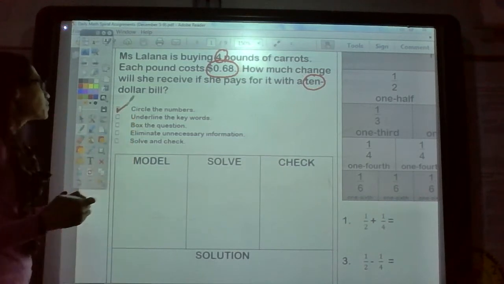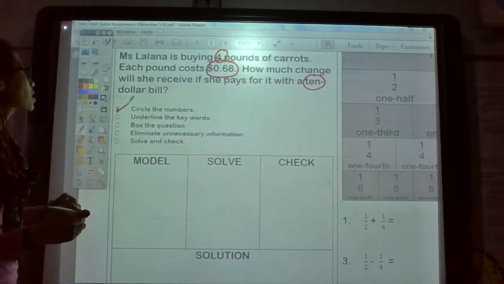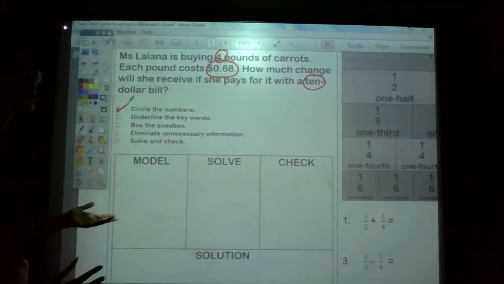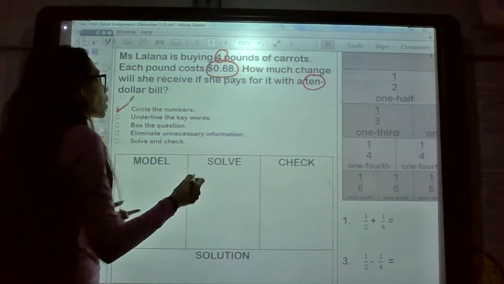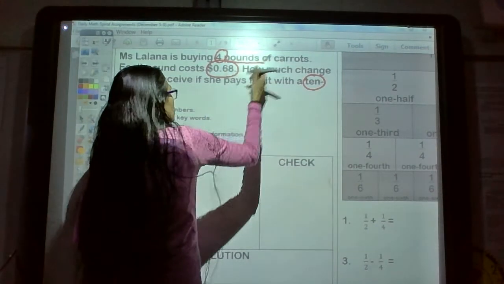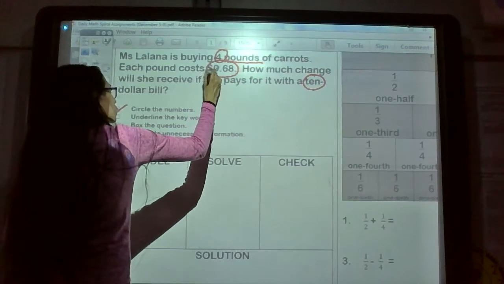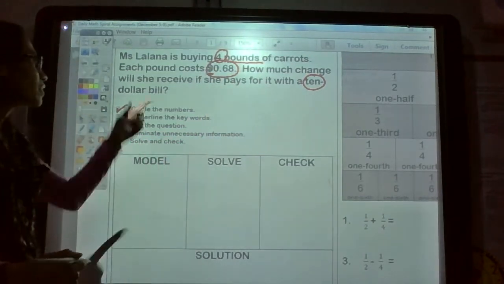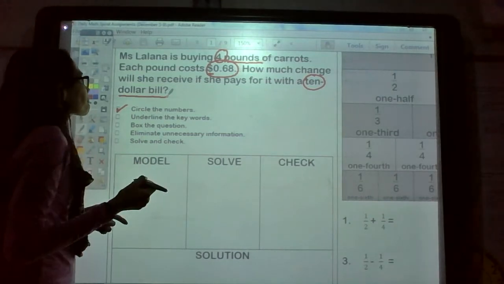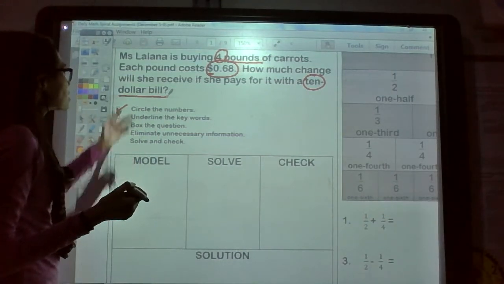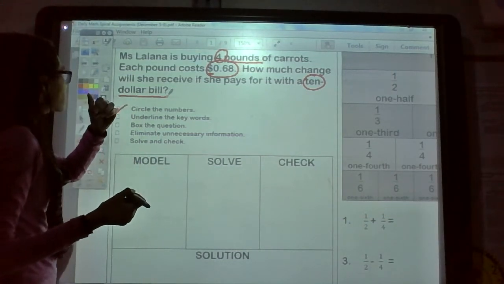Check that box off. The next step is to underline the keywords. To underline keywords, we can start with the units. So that 4 is what? 4 pounds. And then 68, well, there's the unit right there, that dollar sign. And that 10 is a what? A $10 bill. All right, and let's underline some other keywords.